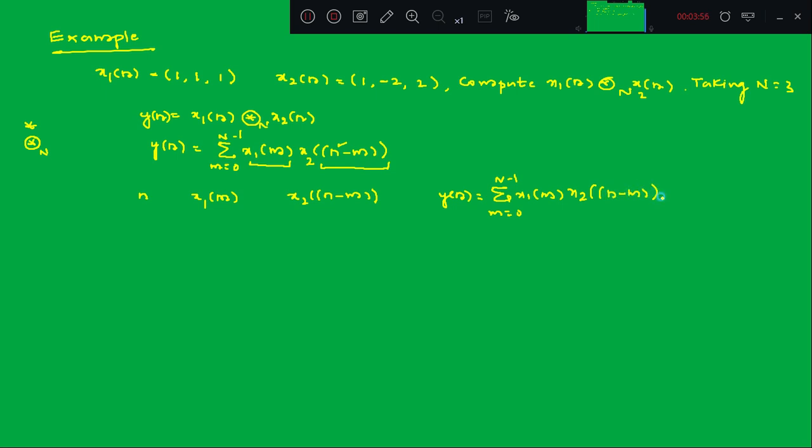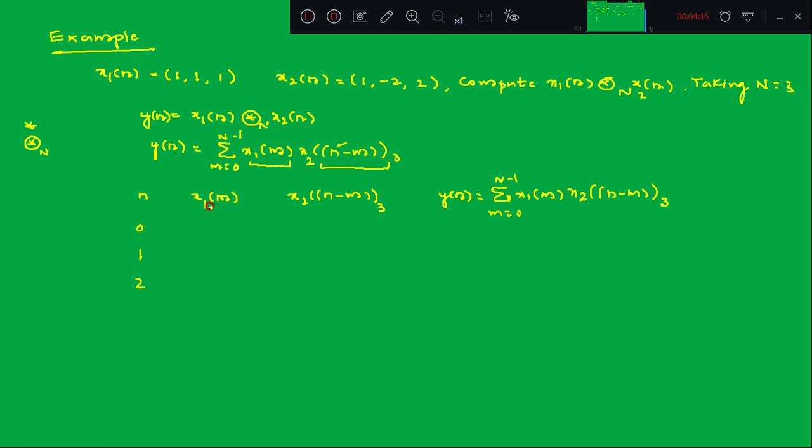Here N equal to 3 is given, so I will write 3 here. This n varies from 0 to N minus 1, so it will be 0, 1, 2.